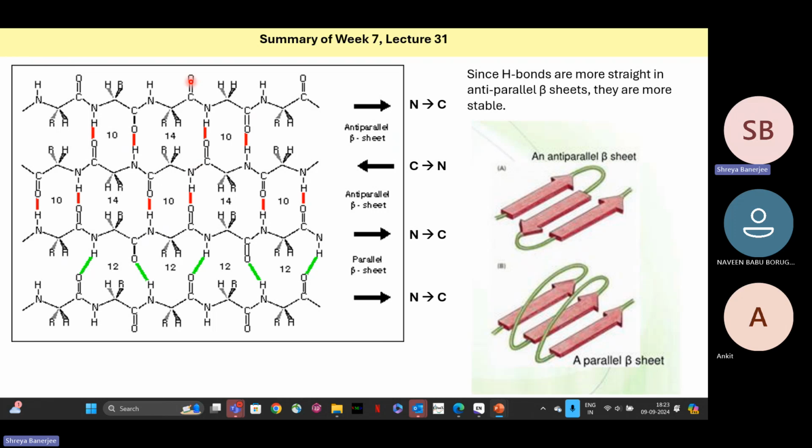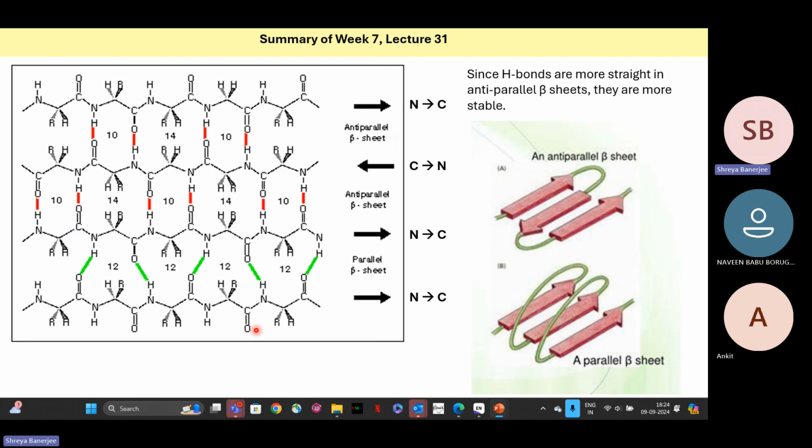Between the first and second strand, an anti-parallel beta sheet is formed because the two strands are in opposite directions. The third strand is again N to C, and between the second and third strand, they are again in opposite directions. So between second and third also, it is an anti-parallel beta sheet.